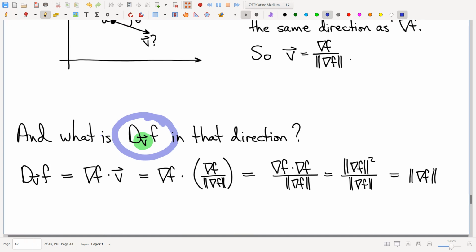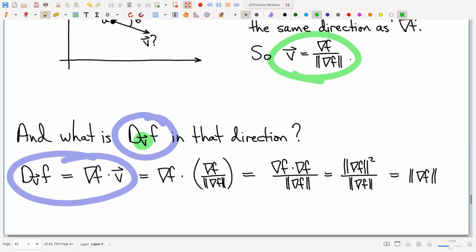How big is that? And so you compute, keeping in mind that our direction vector is the direction of the gradient, so gradient divided by magnitude. And then you notice that we have a self-dot product, which is a magnitude squared.